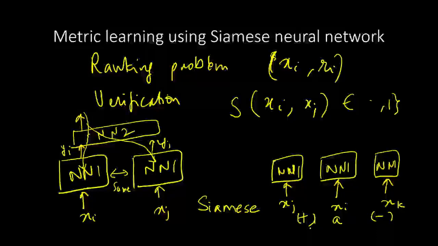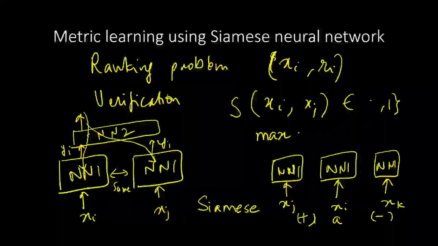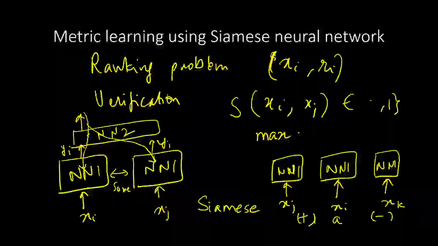So let's say we get these yi, yj and yk. Our loss is going to be such that we want to minimize over max of, this is going to be a hinge loss. Whenever the distance of xi and xj is larger than xi and xk, then we are going to penalize that. And if the distances are in the correct order, then we are going to have no loss.